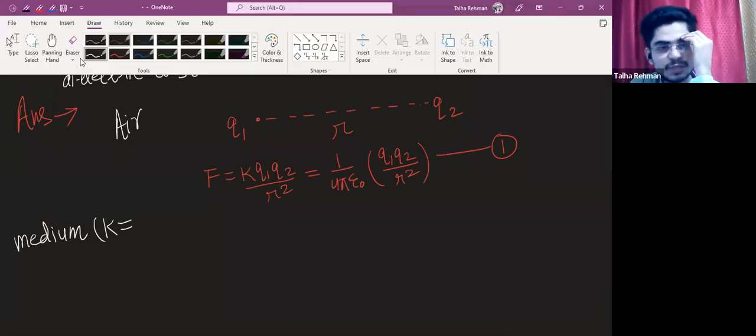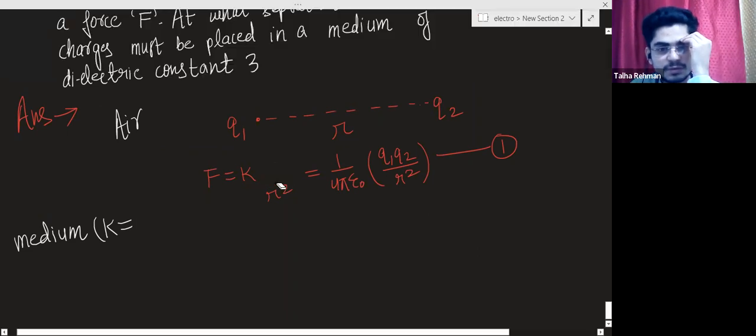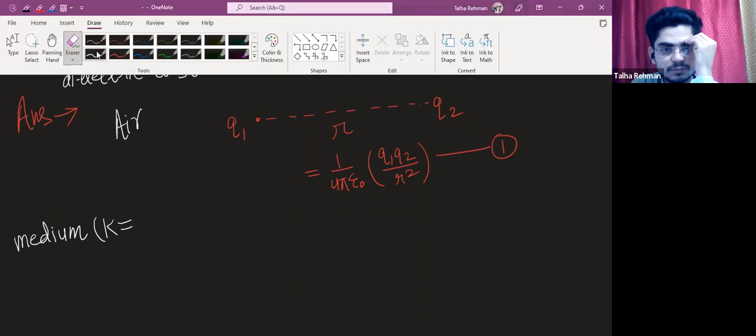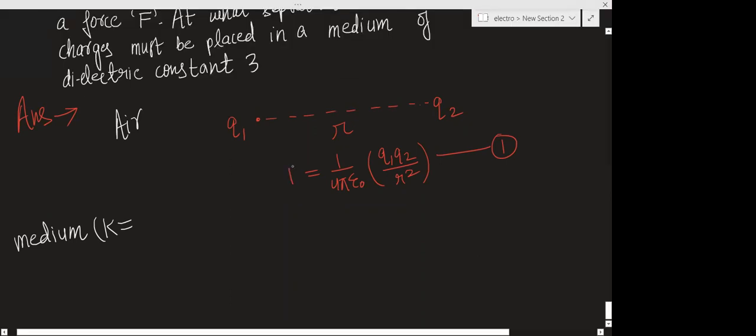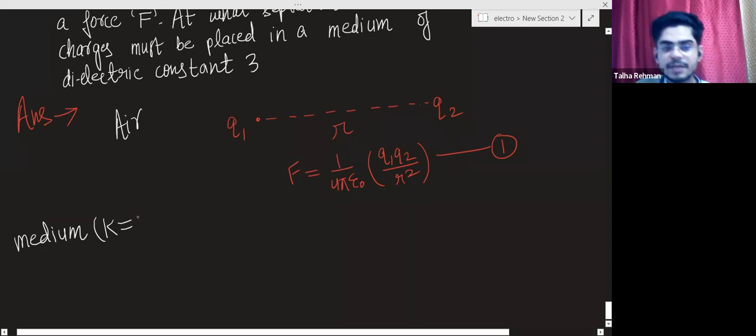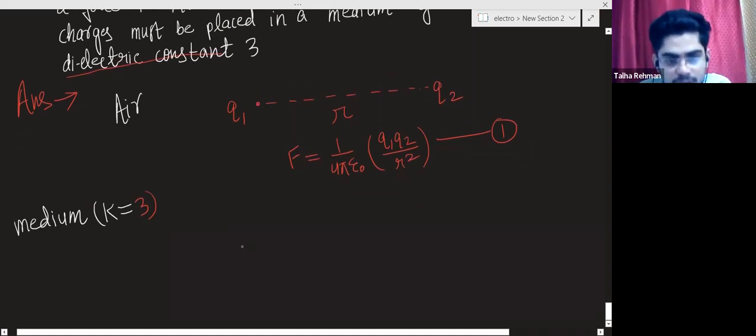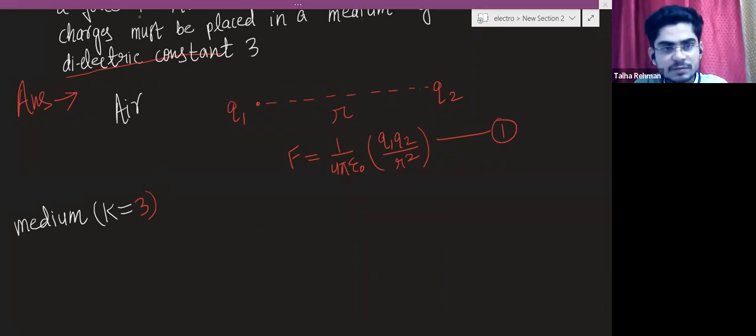Actually, I am removing this K from here. I can write the formula like this also. Now it's fine: K equal to 3. The dielectric constant is 3, this is given. We don't know where we have to put the charges, but we will apply some mathematics.